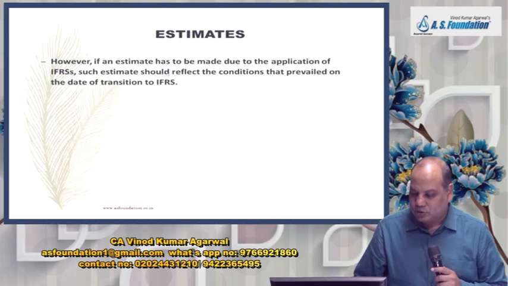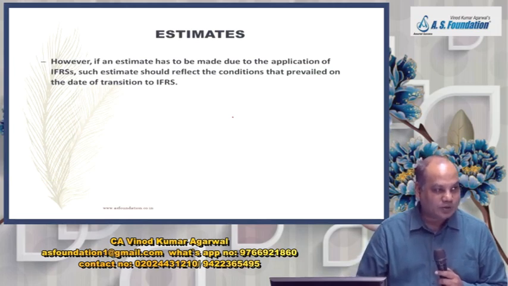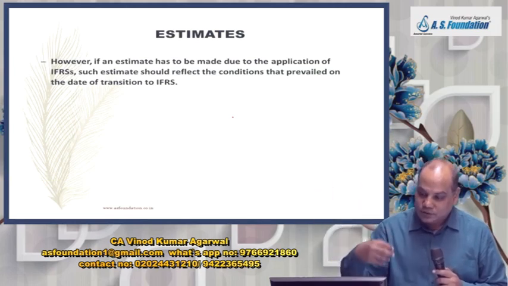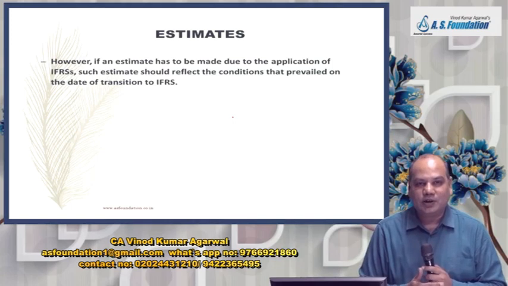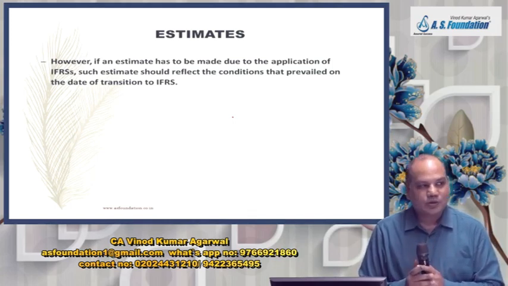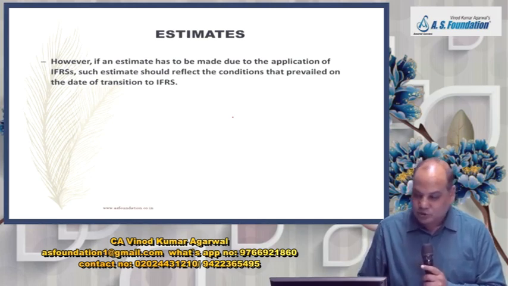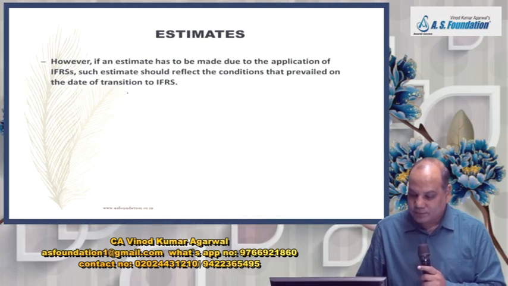Suppose you have not followed IAS 19, post-retirement benefit, that is also an estimation. And now on 31st March or 1st April 19, you will have to estimate what is my post-employment benefit liability. That can be done because that is the requirement of IFRS.